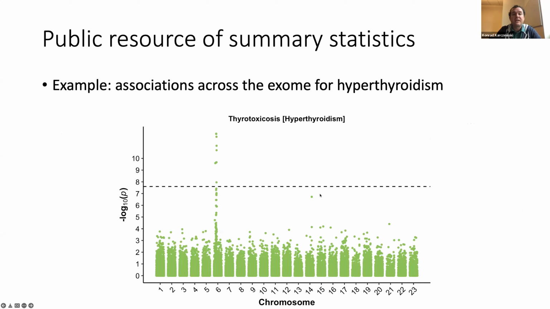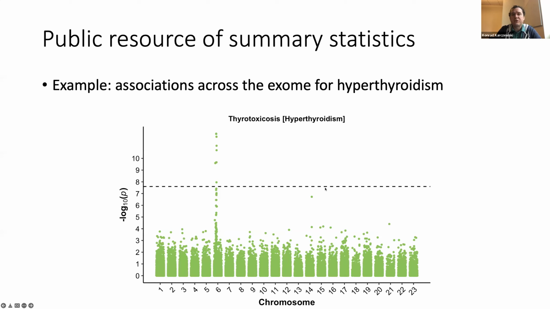When we're grouping into genes, we do see less of an LD structure because these genes do tend to be farther apart. So here for hypothyroidism, we find one set of genes significantly associated, the HLA cluster, which makes sense in the context of autoimmunity mediated at this locus, but several other genes are starting to pop up.